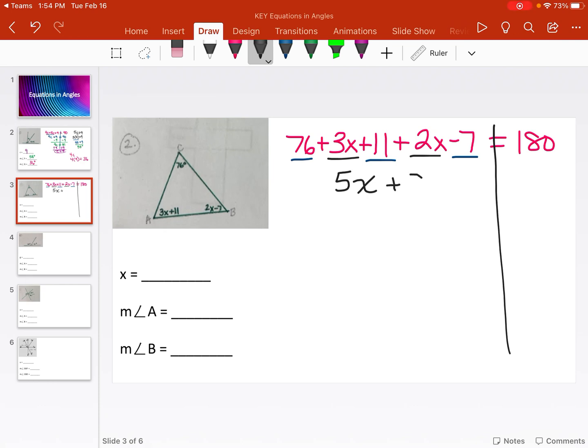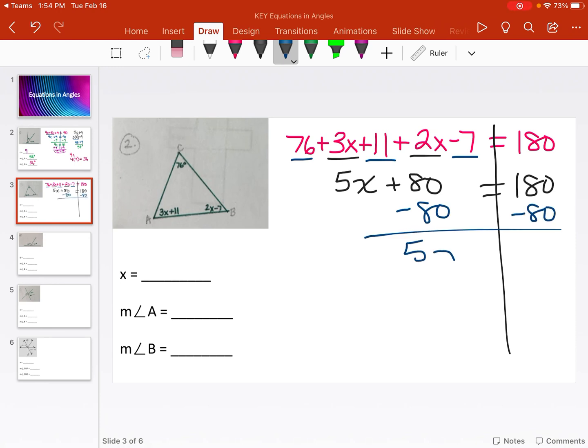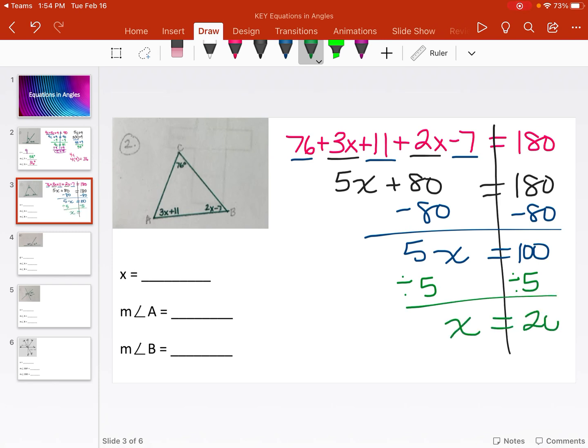So plus 80. And all of that equals 180. Now I can go ahead and subtract 80 from both sides. Subtract 80. I get 5x equals 100. Divide by 5. Divide by 5. X is equal to 20.